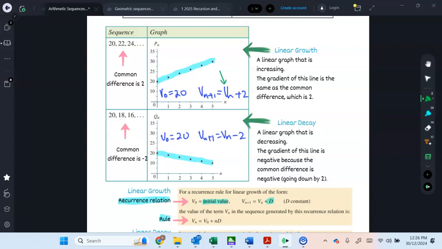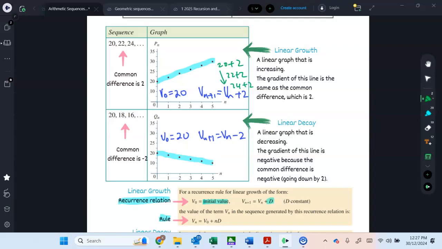We could say 20 plus 2 gives us our next value. Then 22 plus 2 gives us the following, and so on and so forth. So 24 plus 2. We're basically adding 2 each time, and you can see that happening there.